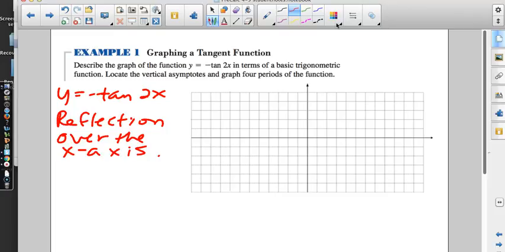How about that 2 in front of the x? What's that do? Horizontal shrink, factor of 1/2.